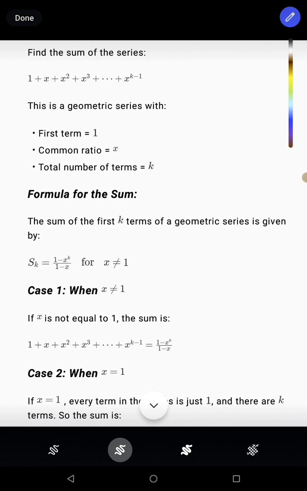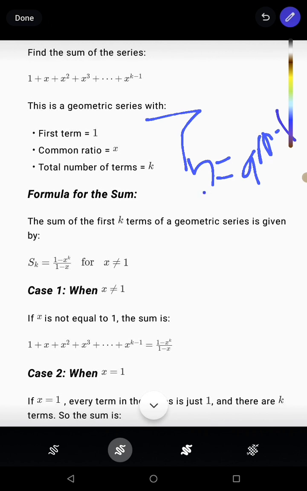Now, this one ends with x raised to power k minus 1 because we started with 1. Are we together? Had we started with x, it would end with the kth term. And don't forget, the nth term T_n of a geometric progression is given by a r raised to power n minus 1.